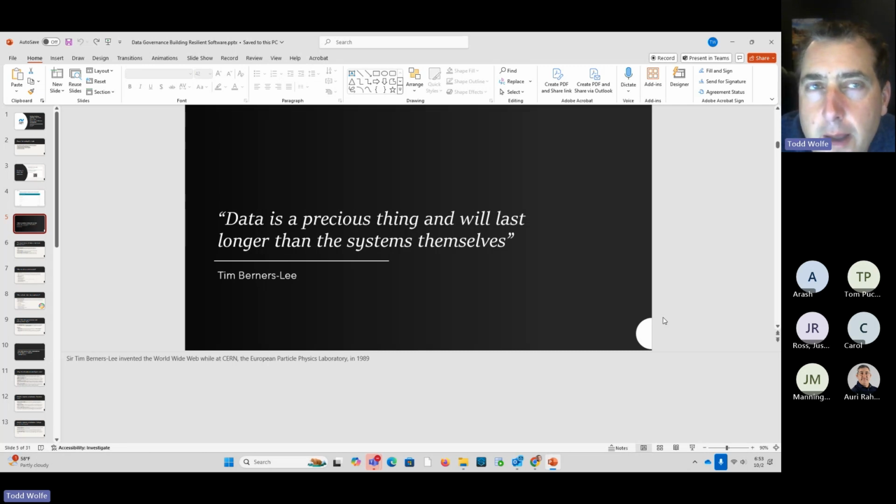For those of us who have worked on software systems and built software over the years, we can probably relate to this now, thinking back if our systems have been replaced by something newer or new versions or upgrades. The data that was captured or curated or used in those systems still exists in some fashion in many, many cases today. It is still used. So that data goes on and on for a very long time. And that's something that we have to consider as software developers.